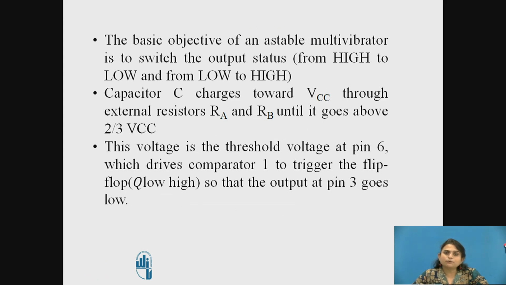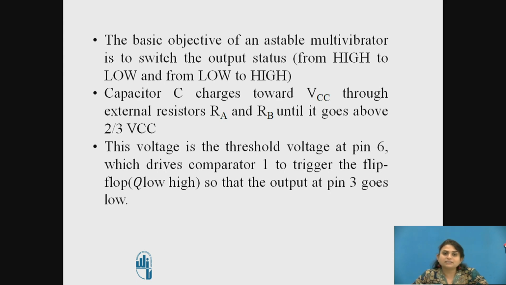The basic objective of an Astable multivibrator is to switch the output status from high to low and low to high. So, it depends upon the capacitor charging and discharging. Capacitor C charges towards VCC through the 2 external resistors used, that is RA and RB, until it goes above 2/3 VCC.